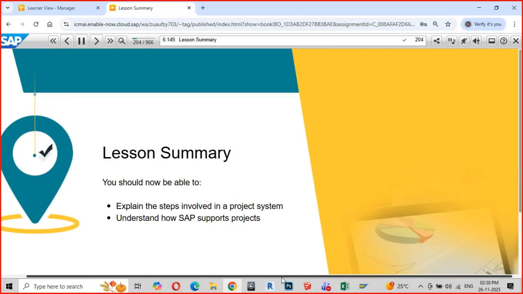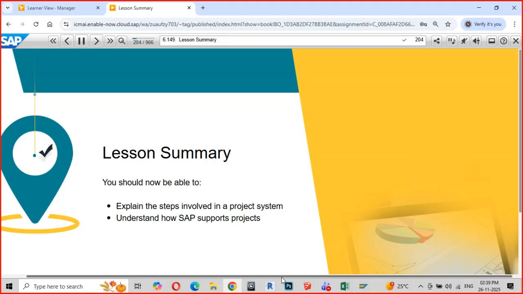Very brief, because the idea is you should know what is available in SAP. How you do it comes later. But you should know that there is some concept called project systems. There is some concept called budgeting.